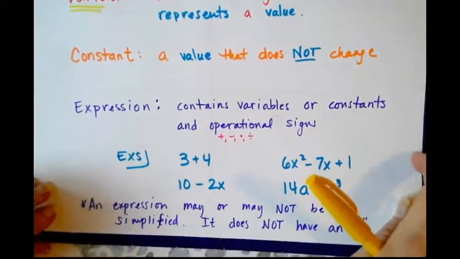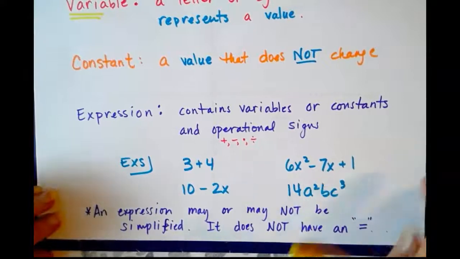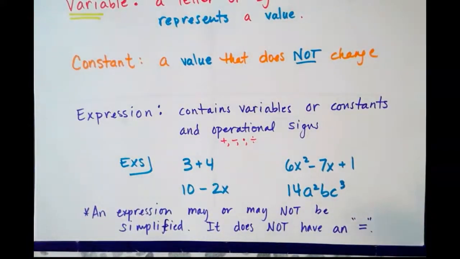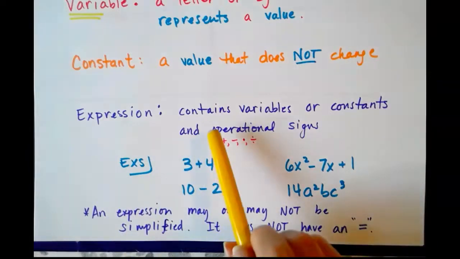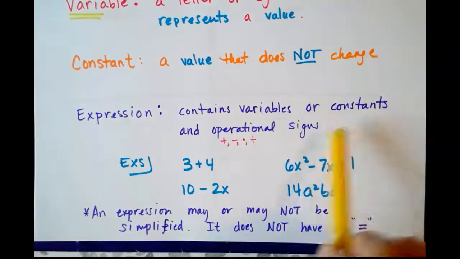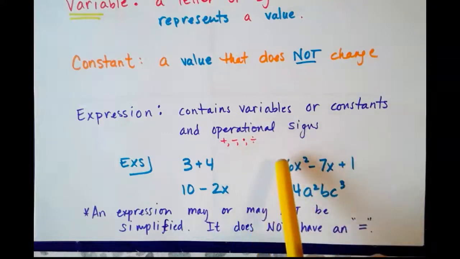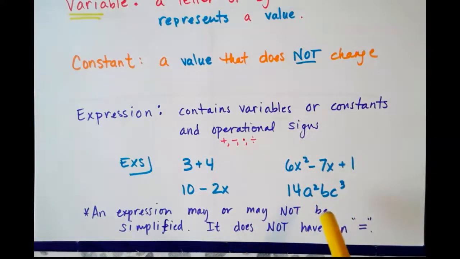Next, we've got expressions. An expression is different from an equation. So an expression contains variables or constants and operational signs. These are all examples of expressions. 3 plus 4, 10 minus 2x, 6x squared minus 7x plus 1, 14a squared bc cubed.